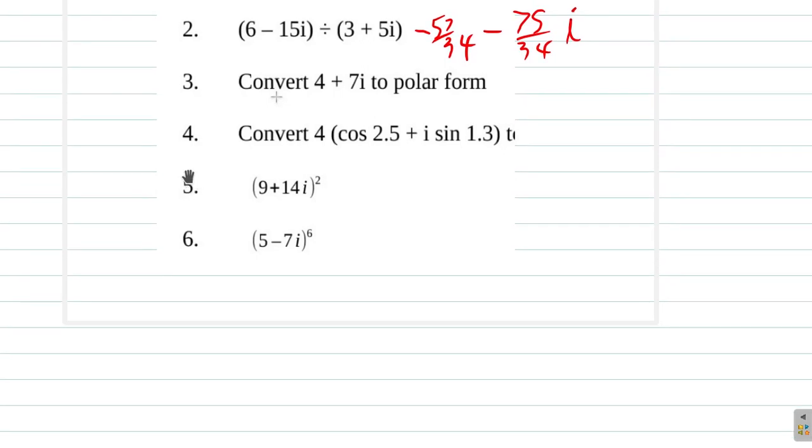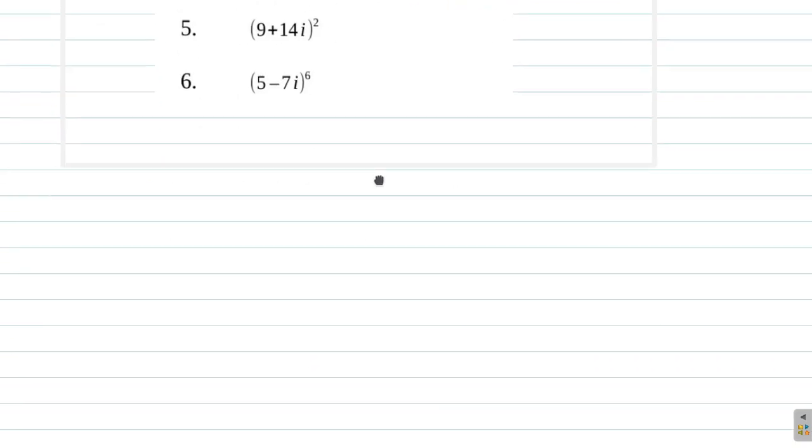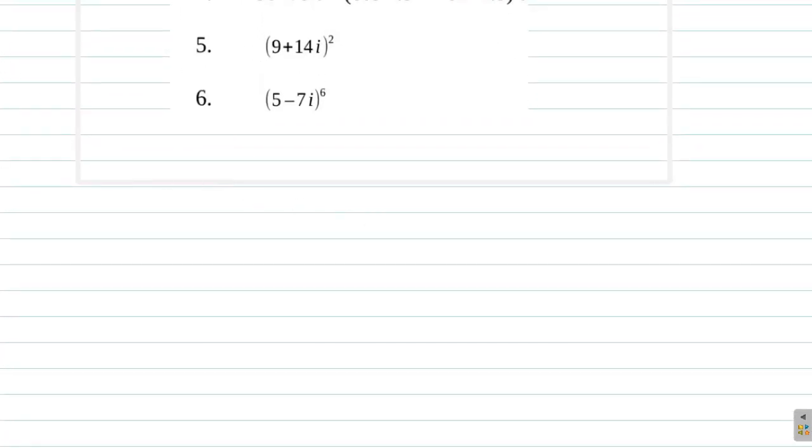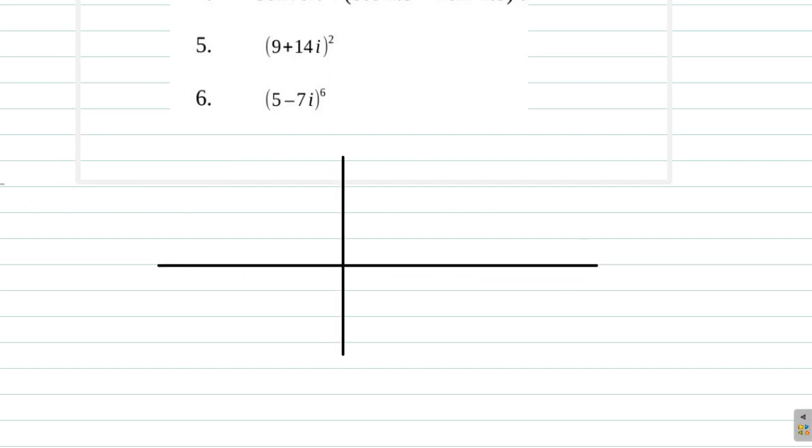Now, here, 4 plus 7i, we're going to convert it to polar form. It's always a good idea to do a little sketch to see what the complex number looks like. So we have our x and our y-axis.